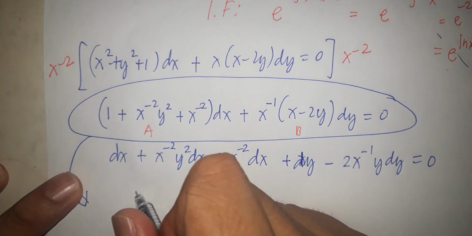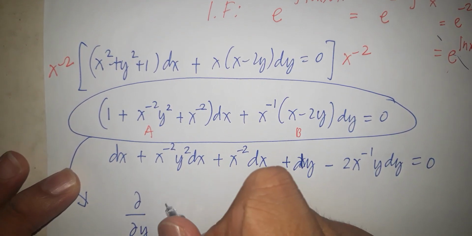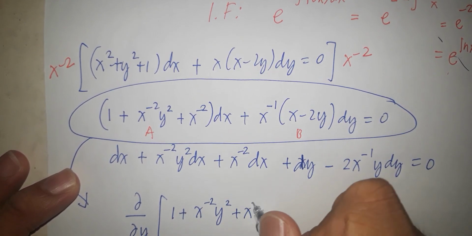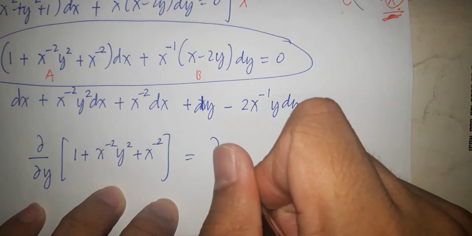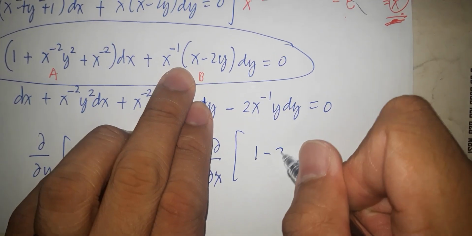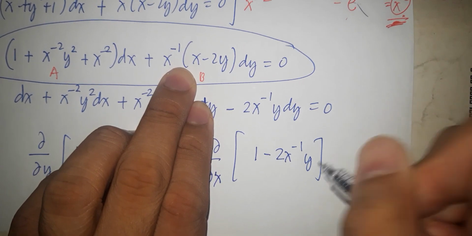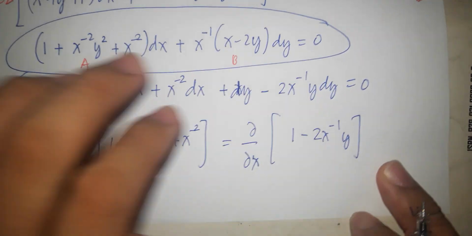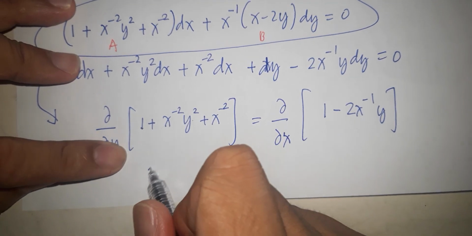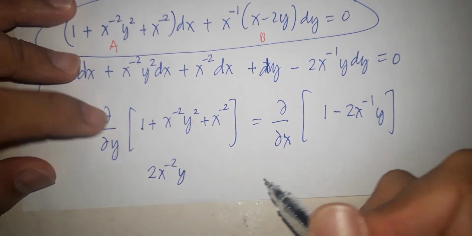So, partial derivative with respect to y of 1 plus x negative 2y squared plus x negative 2 must be equal to partial derivative with respect to x of 1 minus 2x negative 1y. So, if you multiply that there, with respect to y, this is 0. With respect to y, that's 2x negative 2y.